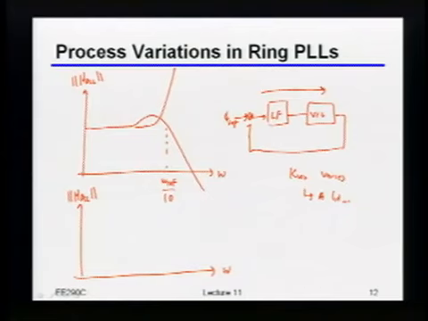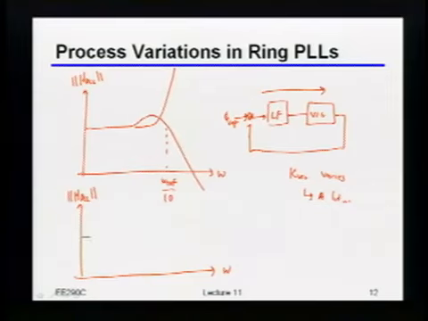Where are you going to put the nominal loop bandwidth? Because it varies by a factor of 2 in either direction, I have to make sure that in the worst case, if KVCO is as large as it possibly could be, I'm still stable. That means nominally I have to back off by a factor of 2.